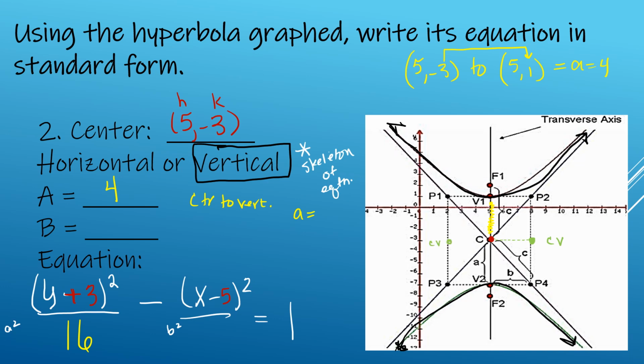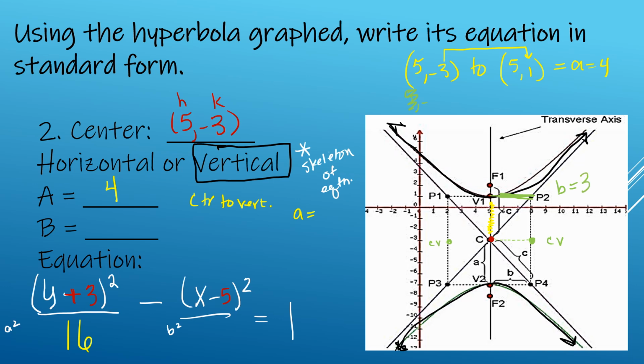The other thing you could do is continue on with the slope of your asymptotes. So I went up to the vertex, and I can travel the distance to the right to that point of my box, and that will give me my b value, which goes from 5 over to 8.